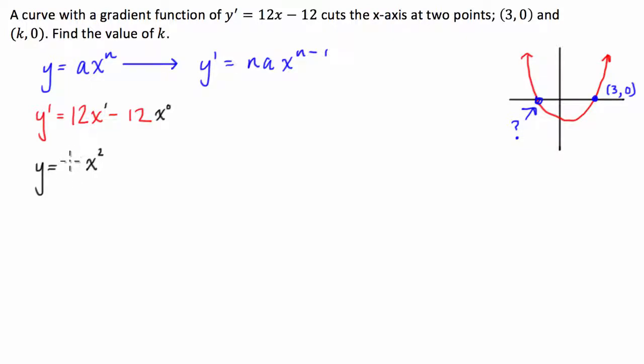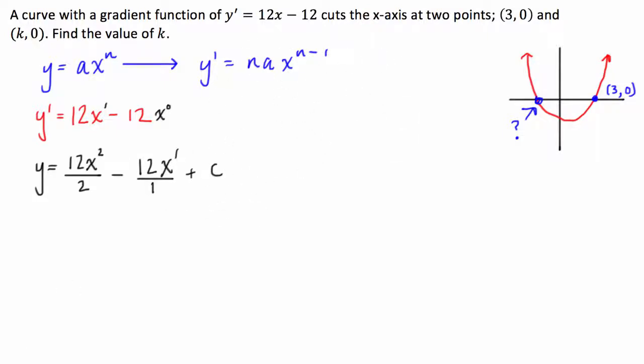So we're going to have 12 divided by 2, minus. Now we add 1 to the power of this one, and we have just x to the power of 1, and then we divide by this new power 1. And importantly, guys, we have to add a c term to this.